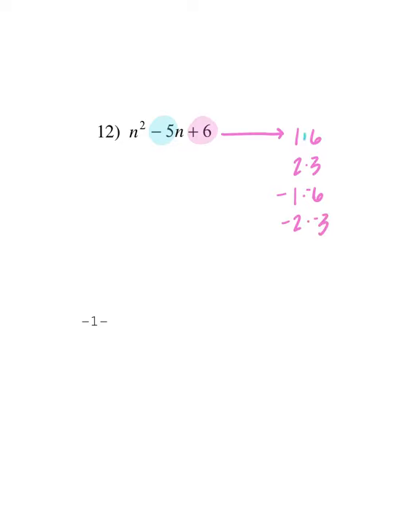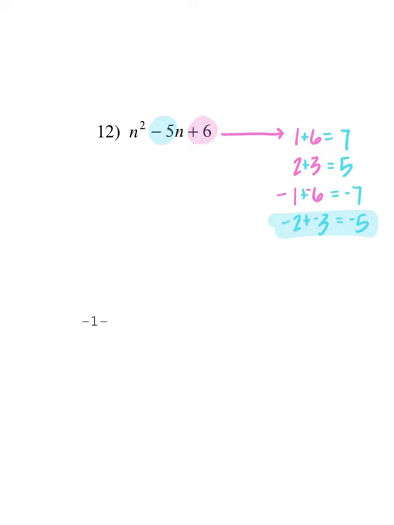And then I go back in and I add them. 1 plus 6 is 7, 2 plus 3 is 5. Negative 1 plus negative 6 is negative 7, and negative 2 plus negative 3 is negative 5. So which one adds up to give me negative 5? It would be the negative 2 and the negative 3.